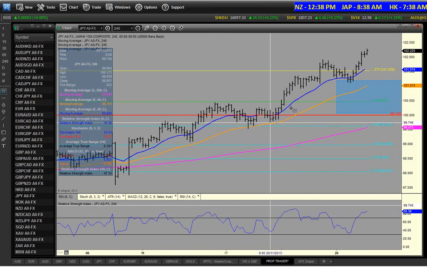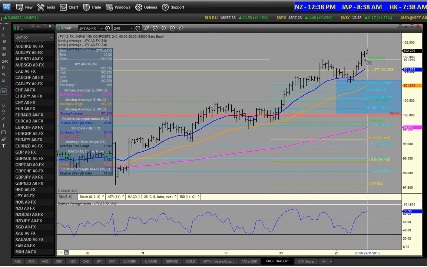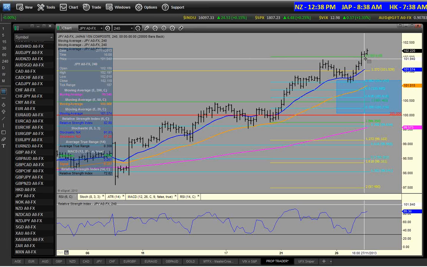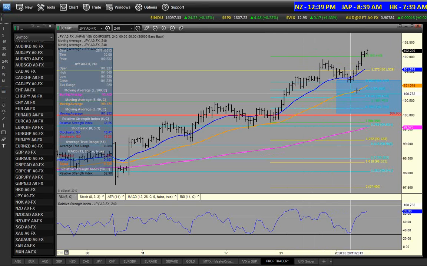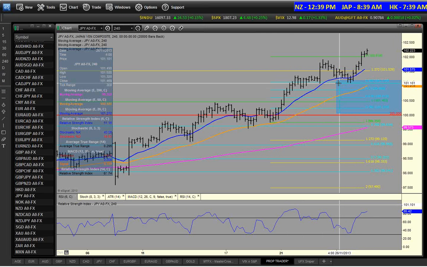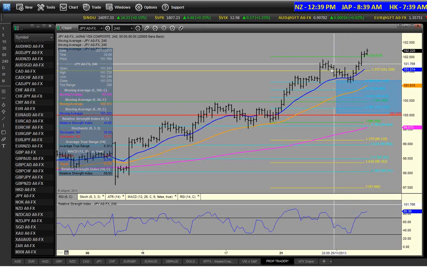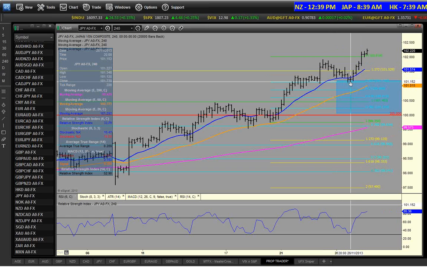You'd be having a look and saying, well, it's reacting to the 382, which is quite a shallow phase 2, and it's reacting to the 20, which is also quite shallow. I prefer to be trading off the 50. You could say there's a bit of a support line there as well, being this low that it reacted to. Not the ideal one.